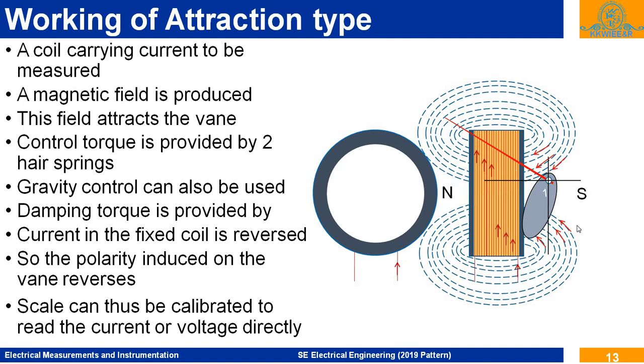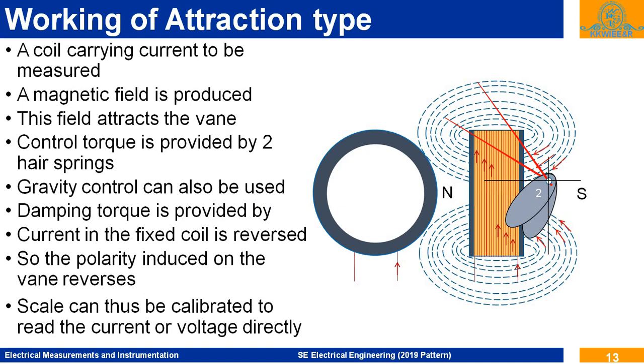With this magnetic field, the iron piece will get attracted inside the magnetic field, trying to follow the minimum reluctance path. The control torque is provided by two hair springs, which are not shown here, but this spring will provide the control. Gravity control can also be used, as discussed.